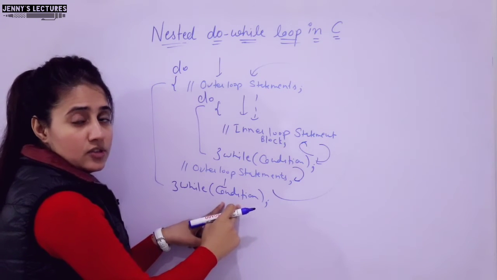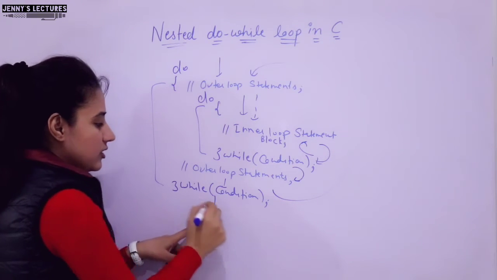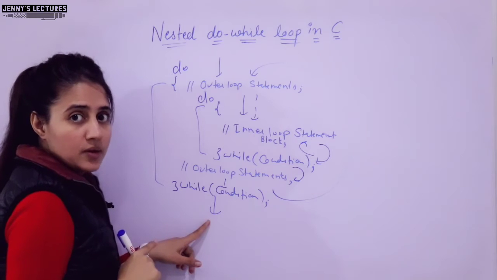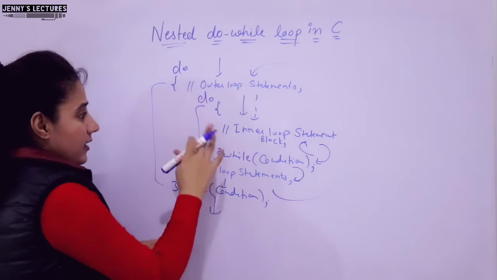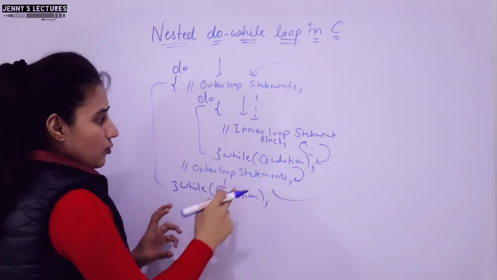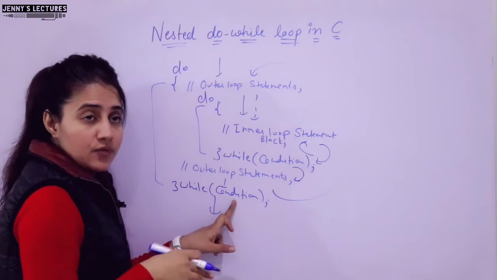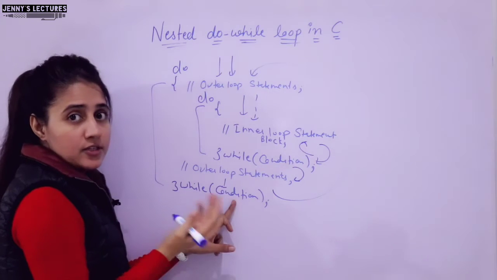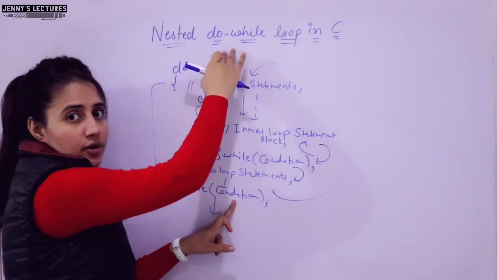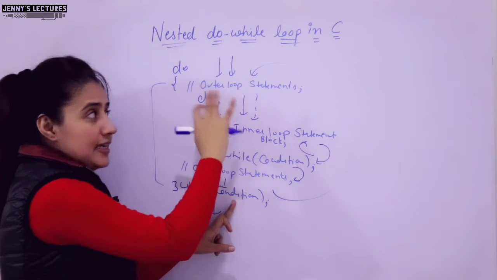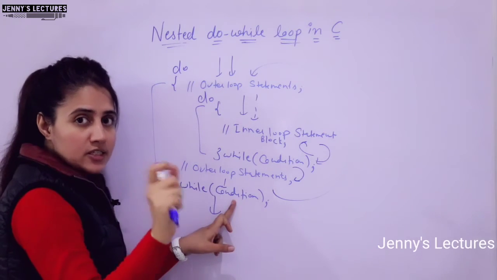If the outer loop condition is false, then you will exit from the loop, right? And if the condition is not true suppose at the first time only, still we are going to enter into this loop because we are not going to check the condition at entry point, right? So at least once these statements would be executed.